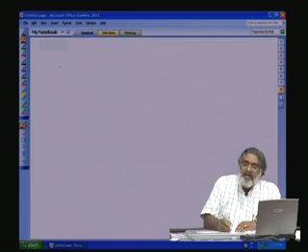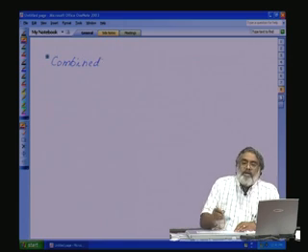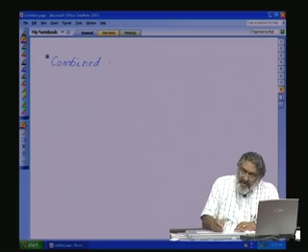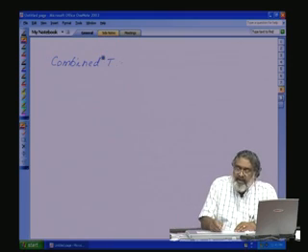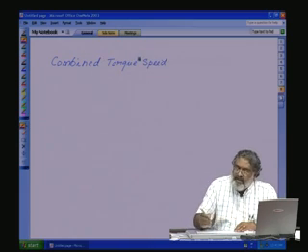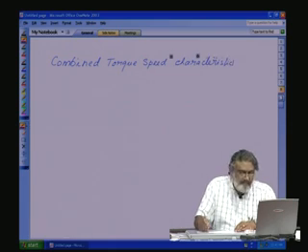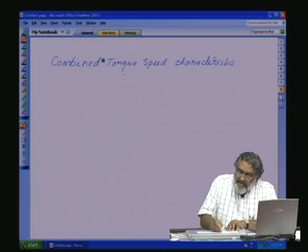That is the combined load torque characteristics. Combined torque speed characteristic. Let us draw the axis.